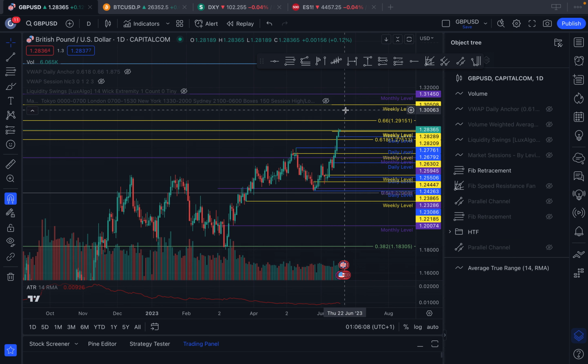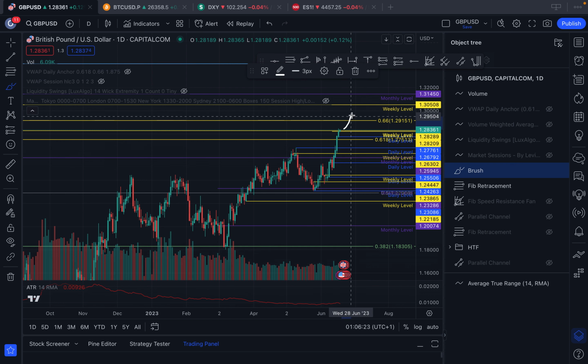So then the ones that are long will wait and get stopped out, and the ones that are looking to short won't get it, perhaps. So that could be one scenario. We go up here, and then we come back down again. That's one option.